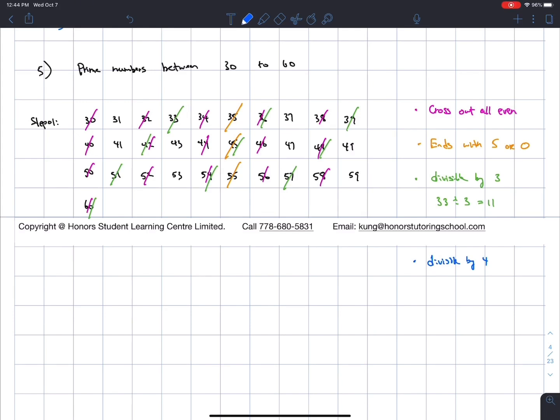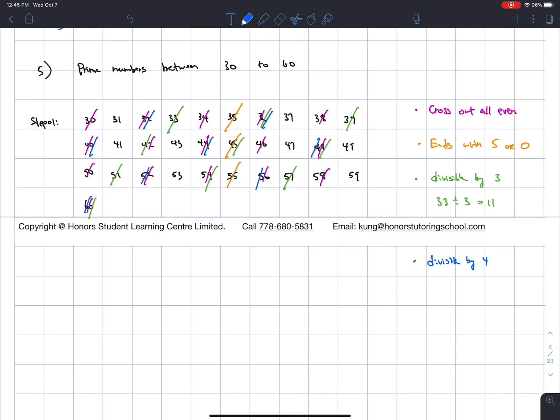The first one should be 32. 4 times 8 is 32. If you just skip count 4, you get 36, 40, 44, 48, 52, 56, and 60. So you can see we pretty much crossed them out already because if it is divisible by 4, it must also be divisible by 2.